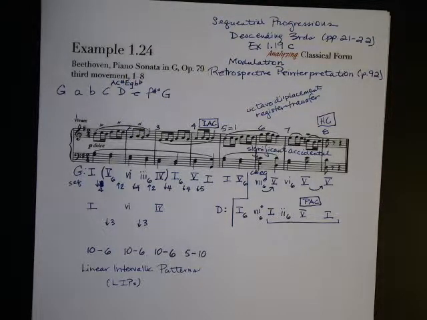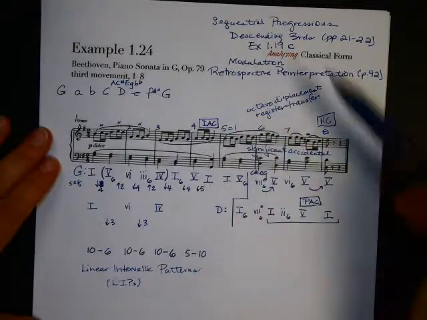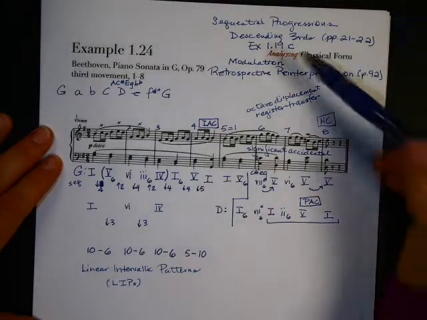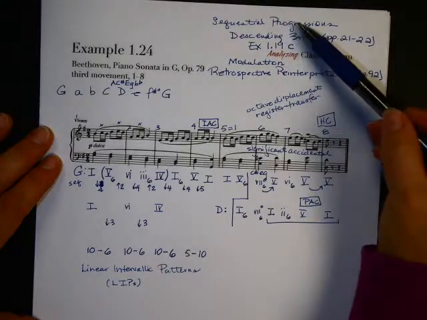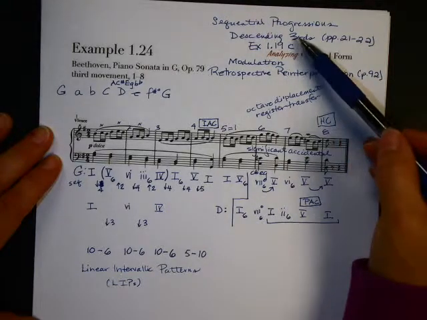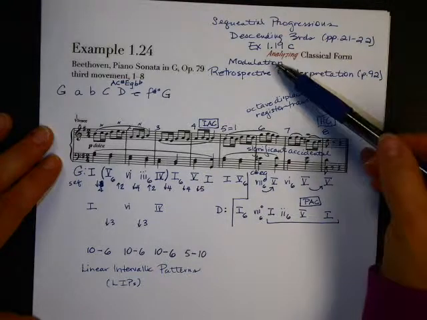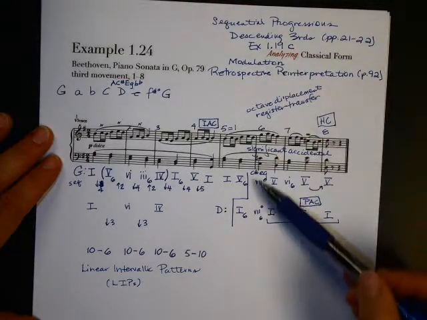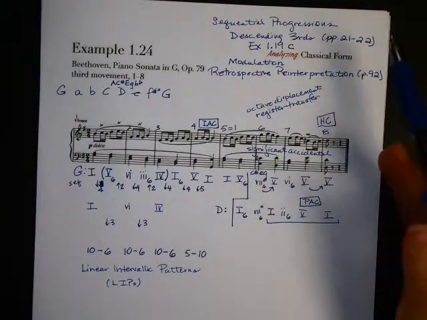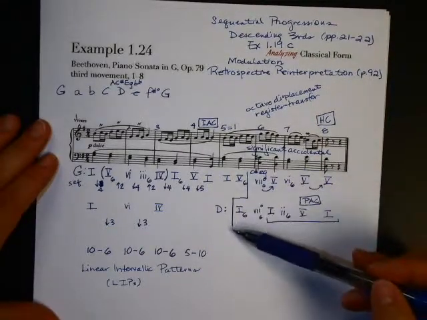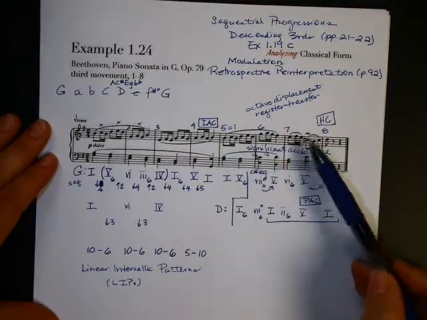So as a review, we studied this excerpt for its sequential progression that was descending thirds. We also studied this excerpt as having a modulation which on a very local scale can be a pivot modulation. Some would also call it a sequential modulation because it occurs as part of the sequence of this motive.